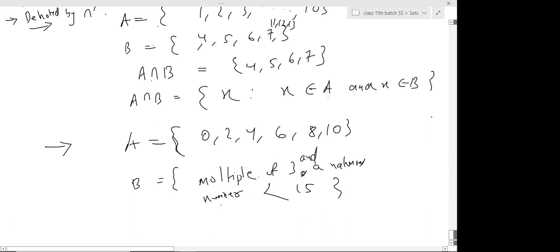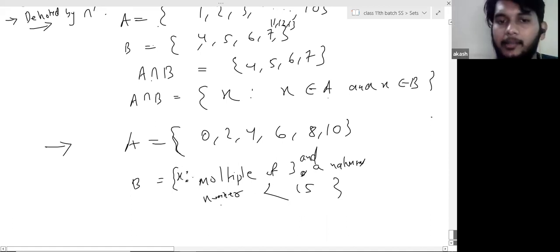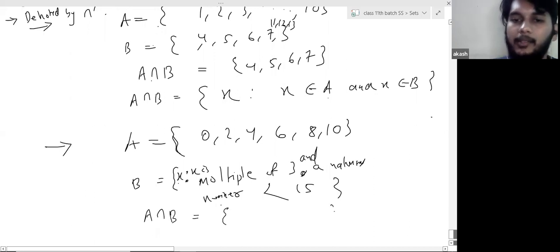You can write it more clearly as x such that x is a multiple of 3 and a natural number less than 15. You have to tell me the answer. What will be the answer to A intersection B?